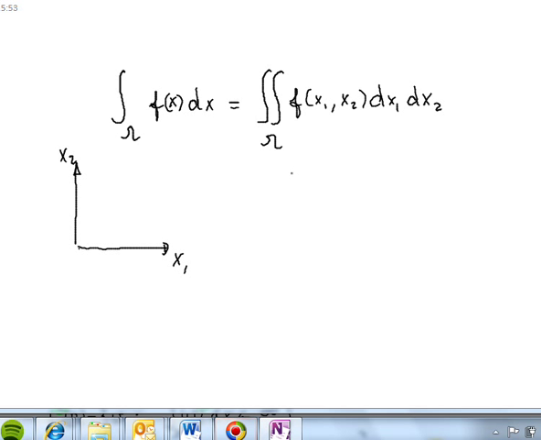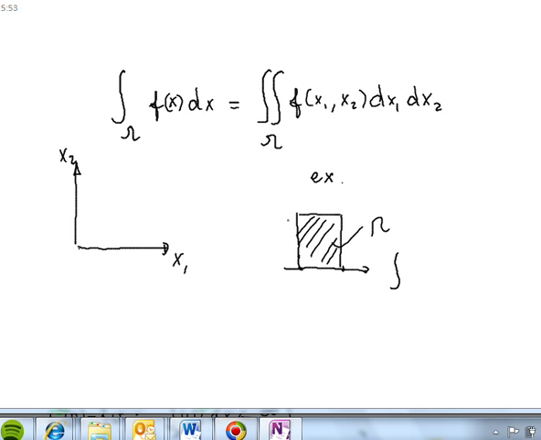So what does this integral mean? Well, if we, for example, have some square like this, and we want to take the integral over this square, then it's very trivial to do this.